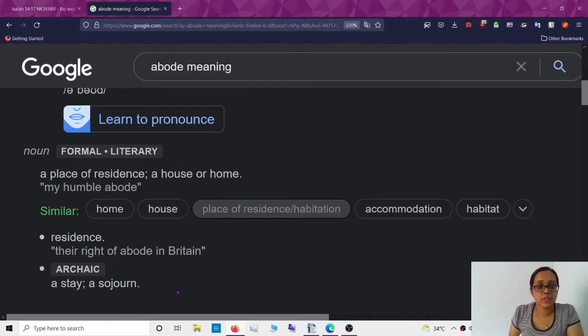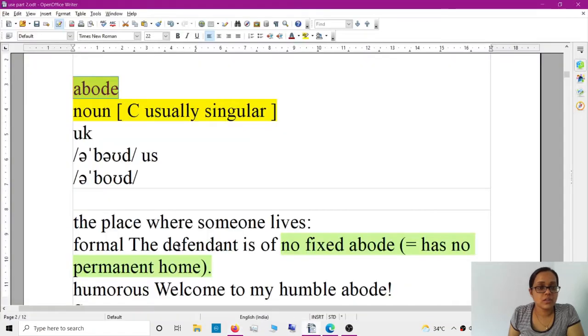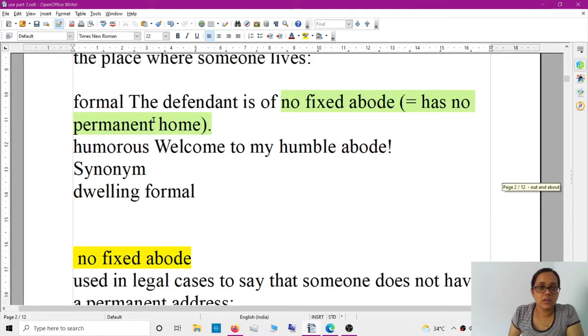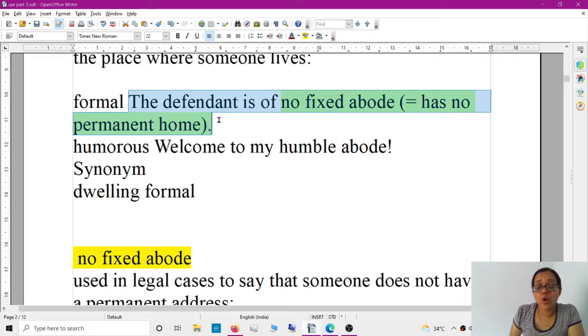Abode means a home, house, accommodation, the place where someone lives. The defendant is of no fixed abode, has no fixed permanent home. So this is like a fixed phrase, no fixed abode.